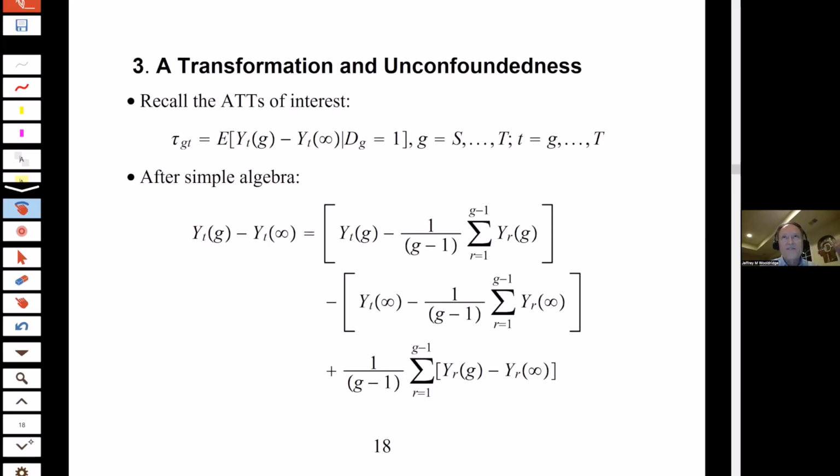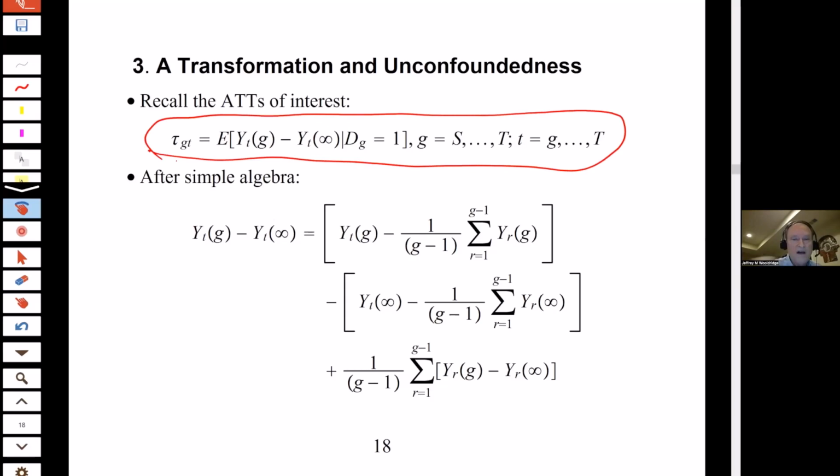The regression approach, because it is efficient under the standard assumptions, we know that it's using the control groups efficiently. Of course it's using no anticipation and parallel trends, but so do all these other methods. Let me remind you, these are the average treatment effects on the treated.